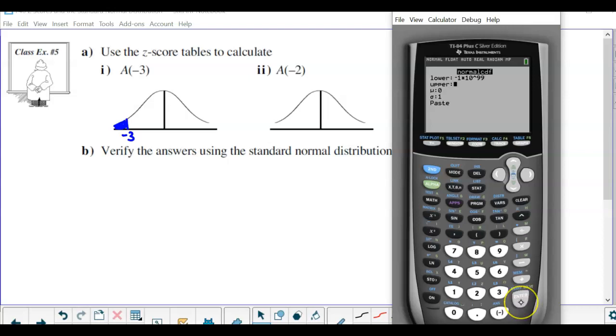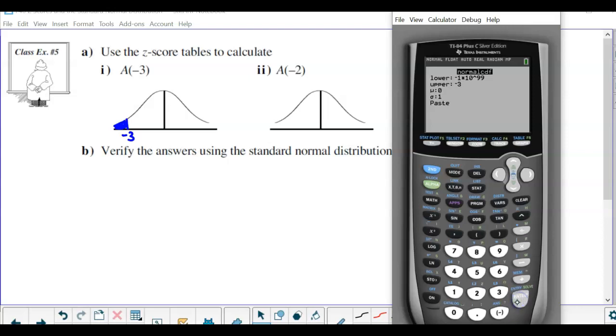Enter on that. Upper boundary. Now we're going to negative 3. That's the right list. So enter negative 3. For those that don't have this, you need a comma in between. So this, comma, this. Mu is 0 for z-scores.